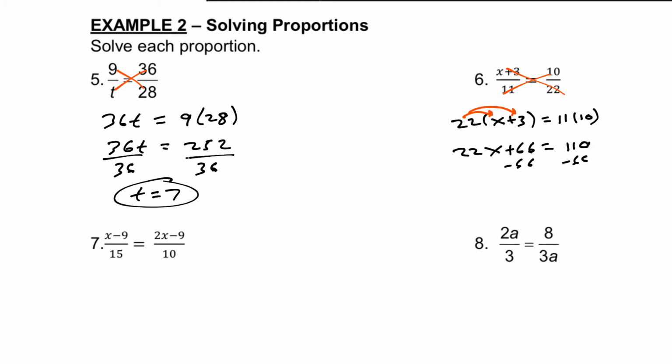On the left-hand side, 66 minus 66, that's 0, so that'll cancel out. So on the left-hand side, all we have is 22x equals, and on the right-hand side, 110 minus 66 is 44. Then we'll just divide both sides by whatever number's out in front of that variable. And I think you guys can see here, then we get x is equal to 2.